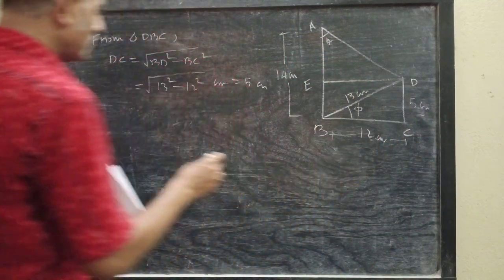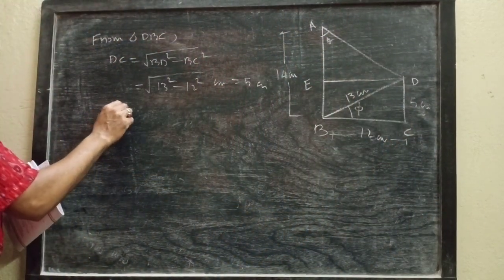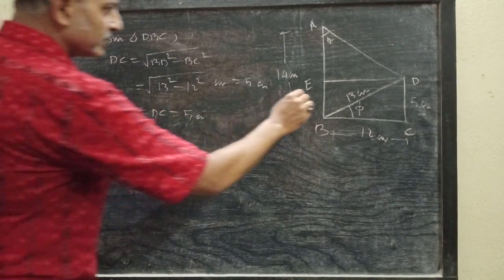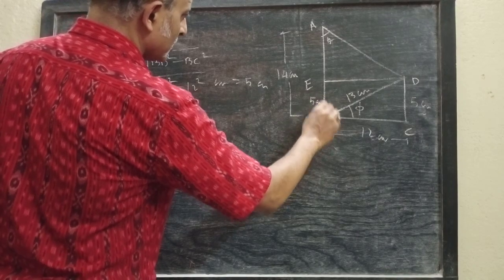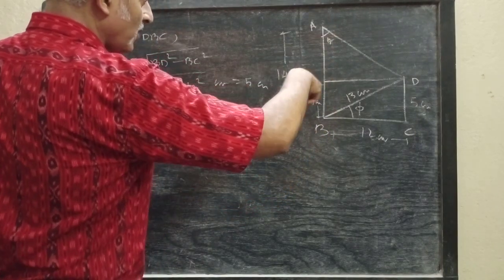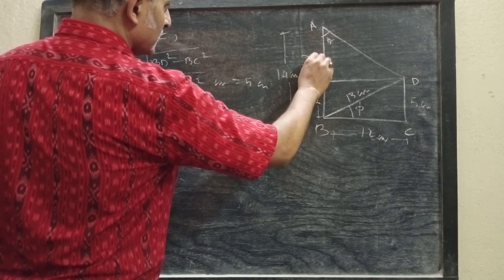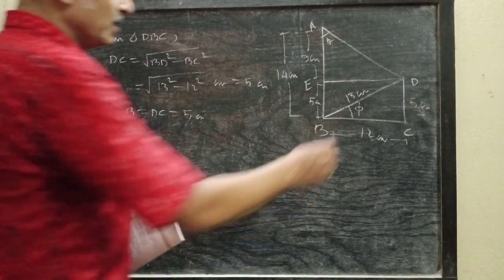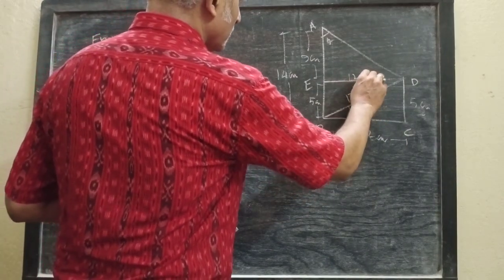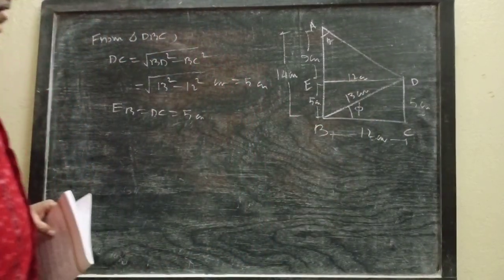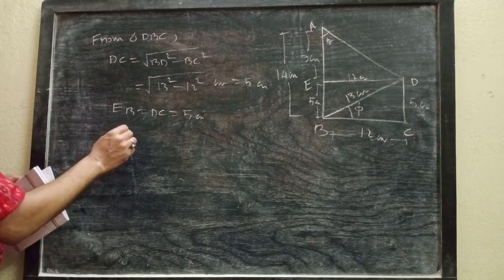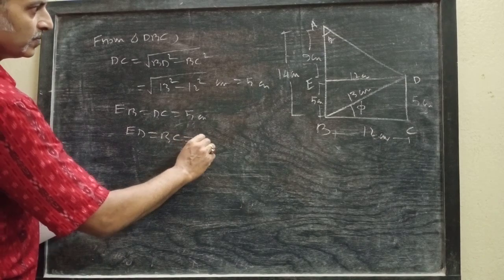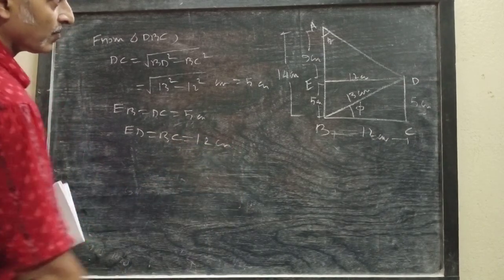As DC is 5 centimeter, therefore EB equals BC is also 5 centimeter because they are opposite sides of rectangle. So your AE will be 14 minus 5, that is 9 centimeter. ED will also be 12 centimeter because it is rectangle. ED equals BC equals 12 centimeter.